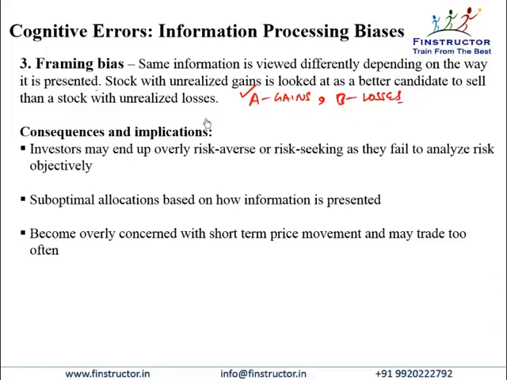Similarly, if company A has a very good investor relations team, they present the information very nicely, they talk smartly, they meet investors regularly, and basically they present the good news in a much better way, and they are able to hide the bad news. They present it, but they are able to deviate focus away from that bad news.